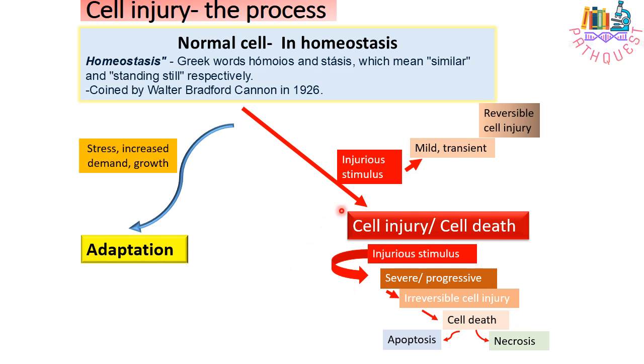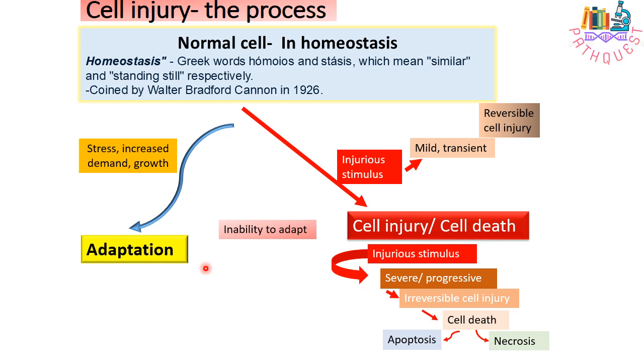Now, cell injury can occur due to another mechanism. When the cell is exposed to stress or increased demand, it will try to adapt. But if the stress or increased demand is very high, sometimes the cell may not be able to adapt itself.